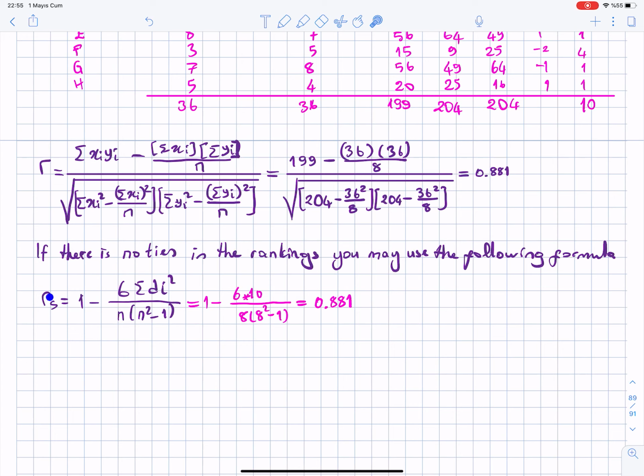This practical formula is only valid for rankings with no ties.